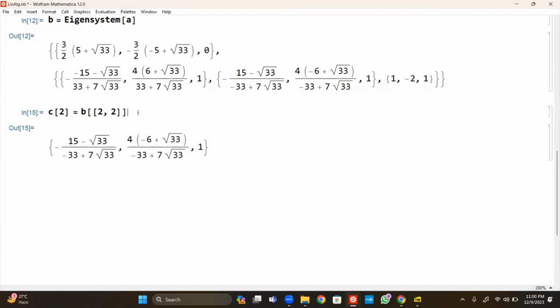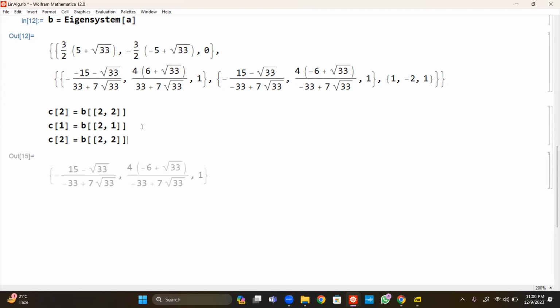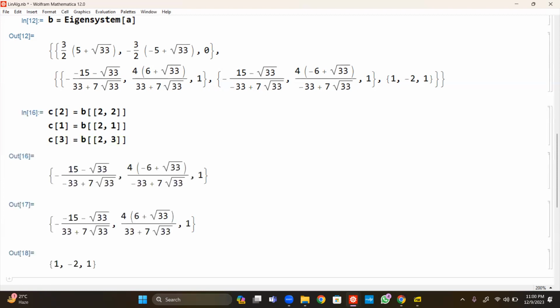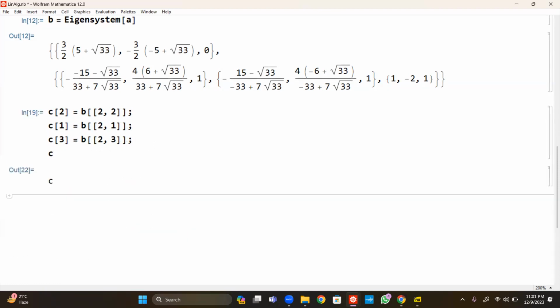I'm copying and pasting this. To save the first eigenvector in C1, replace the 2 by 1. For C3, where you save the third eigenvector, replace the 2 by 3. After all these, let me use a semicolon so that I do not get individual displays, but rather I'm interested in a matrix C.